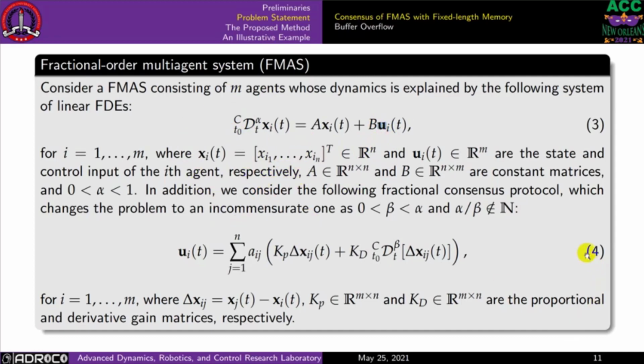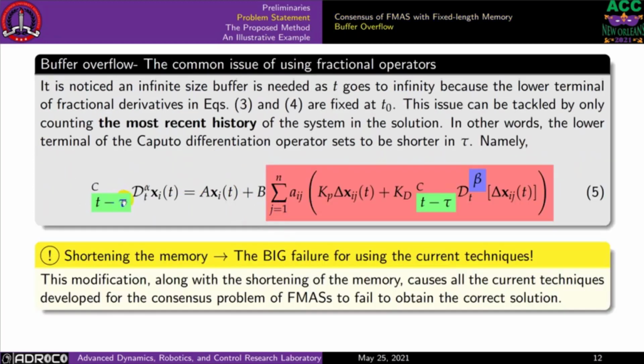We are choosing this controller purposely as a PD type, but with a fractional derivative, as shown in equation number 4. Since beta is not equal to alpha, and there's no relation between alpha and beta, we call this system an incommensurate system. To make it more practical, we are trying to shorten the memory.